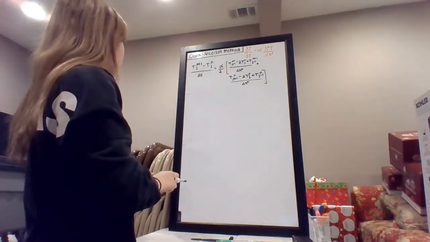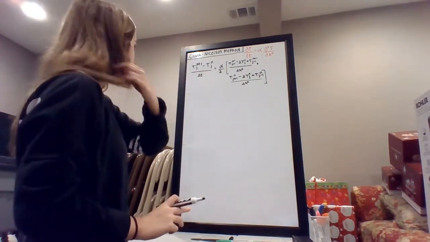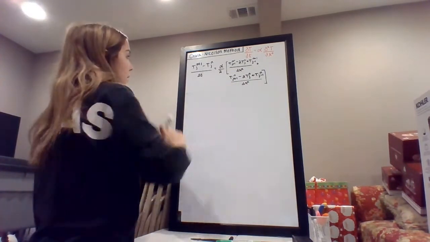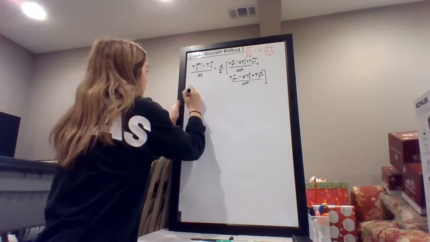And then from here you can simplify by moving T over and then pulling out the delta x squared. So I'll do that here.